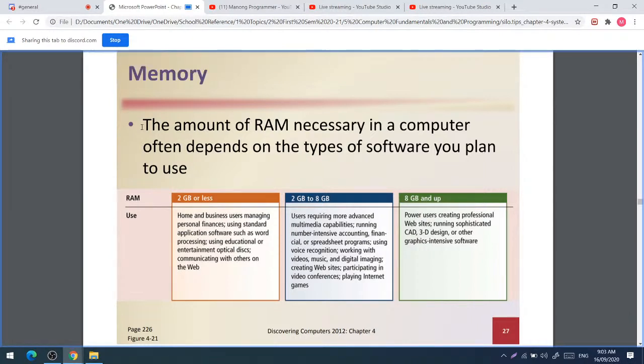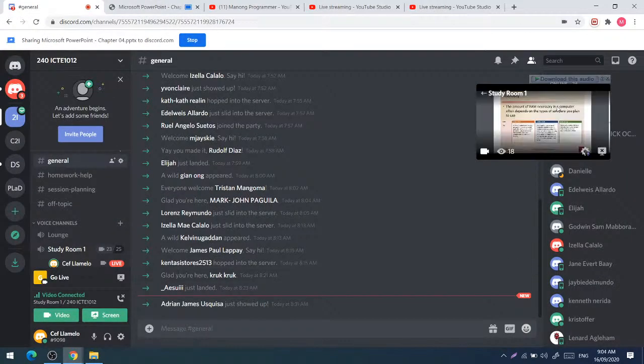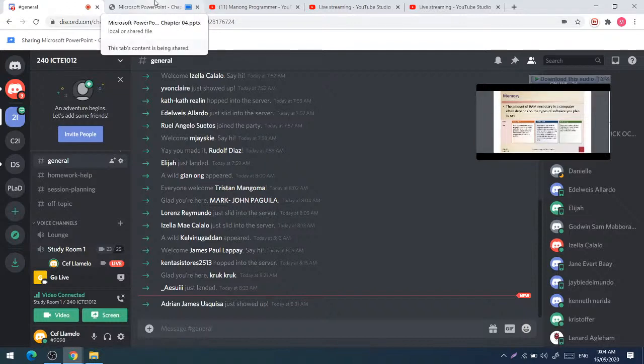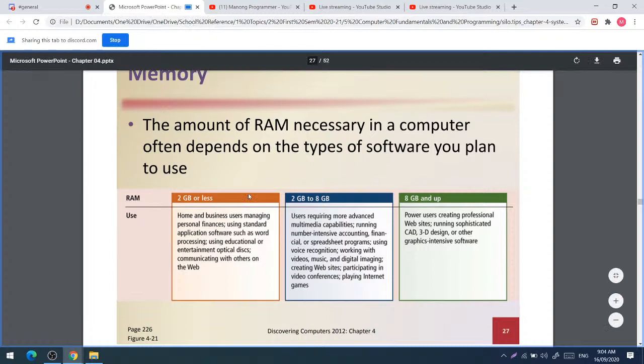When you buy a computer now, consider the applications you will use. For example, what are your courses? Civil Engineering, sir. For Civil Engineering, the applications you will use later on are AutoCAD, SketchUp, STAAD, and the like. Those are heavy applications. So, consider your memory. Usually, the memory we need there is a minimum of 4 GB. So, look for computers with higher memory.